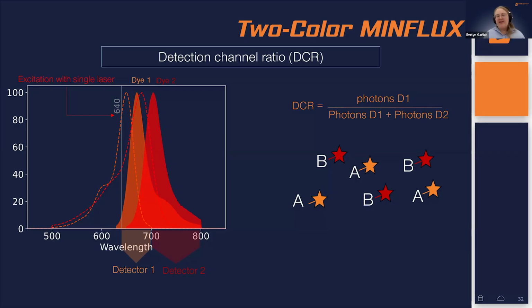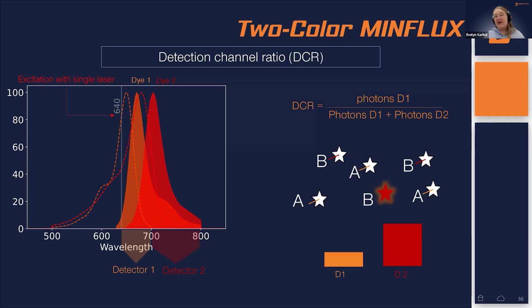The way that this works is that our fluorophores are emitting and detected over two different detectors. For example, here we have A, which would be more left shifted. That's our 640, and that's being majority received on detector 1. Whereas here, B is more right shifted in its spectra and is being majority detected on detector 2.